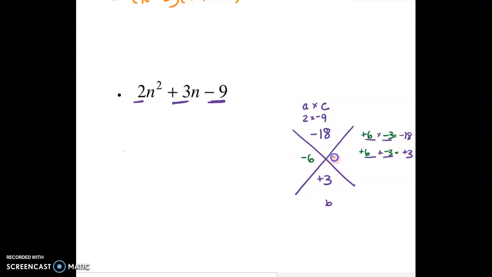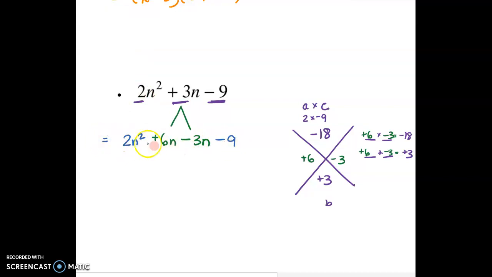So those are my 2 magic numbers. So that means I'm going to break down the middle term, the plus 3n, to become plus 6n minus 3n. So when I collect these terms, they will give me my positive 3n back. And I'm just going to rewrite my 2n squared minus 9.